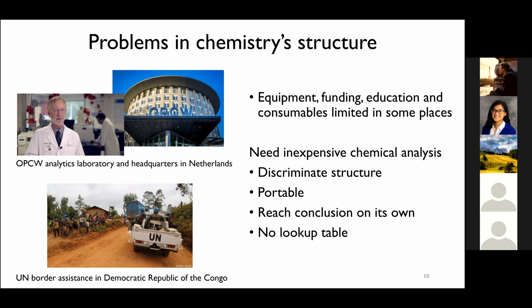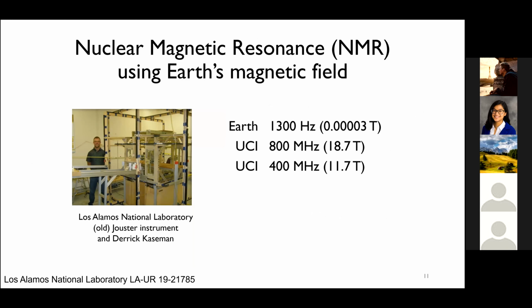This is actually where I first got introduced to the problem. Up there on the board, I have one of my colleagues, Derek Caseman, who's a staff scientist at Los Alamos National Laboratory and first reached out to me over a year ago. He had been developing a new type of spectroscopy using the Earth's magnetic field. This is nuclear magnetic resonance. It's looking at the nucleus and how it responds to the nearby electronic structure. While that instrument he's got there, very homegrown looking, is pretty big, that's the old one.